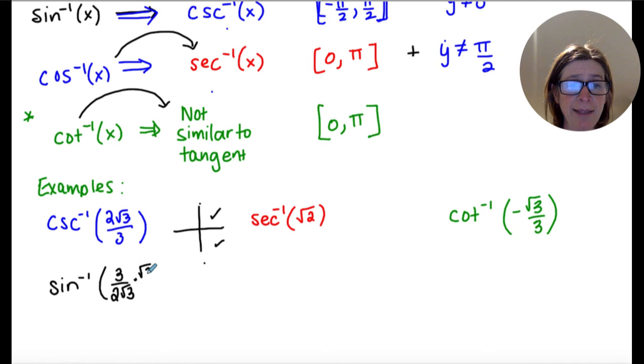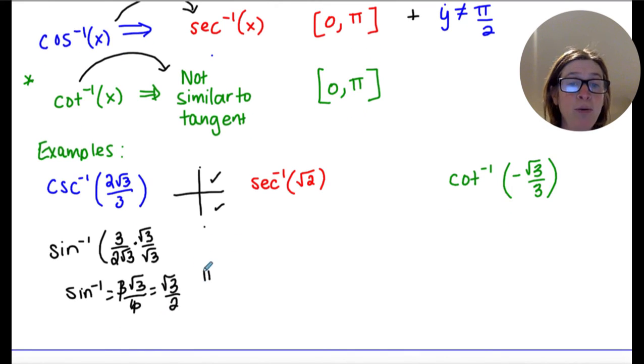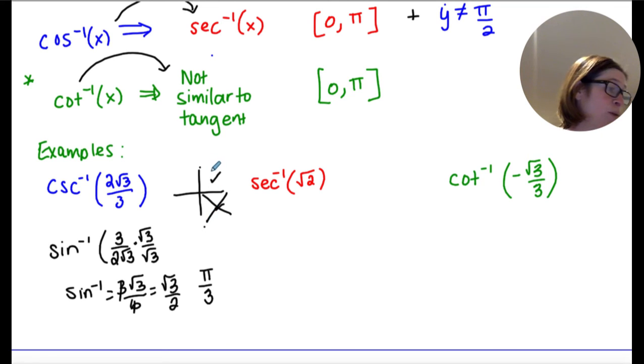I'd rationalize that, which would give me inverse sine of 2 root 3 over 3, which is root 3 over 2. So I ask myself, what's the reference angle? Where is sine equal to root 3 over 2? The reference angle would be pi over 3. Sine is negative in quadrant 4, so we would be looking for the first quadrant angle, pi over 3. So this answer would be pi over 3.